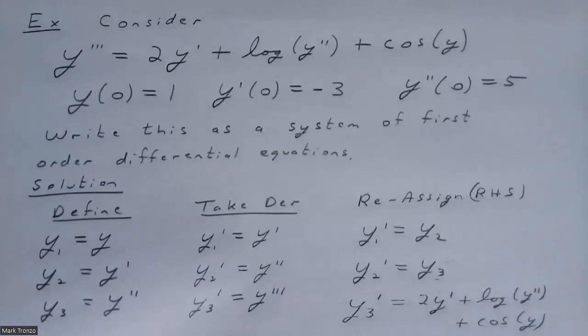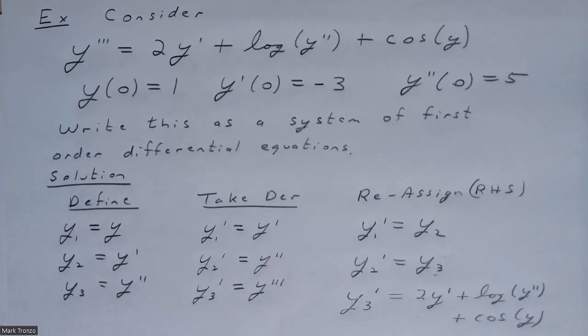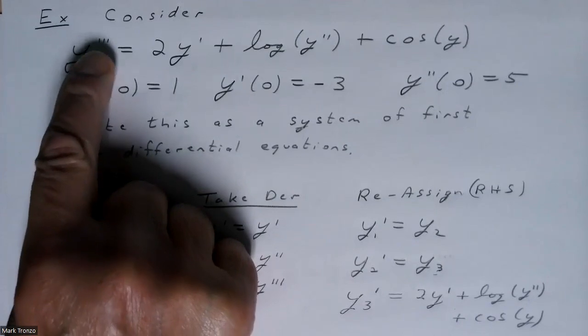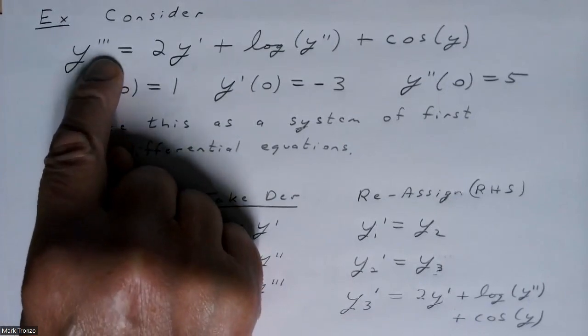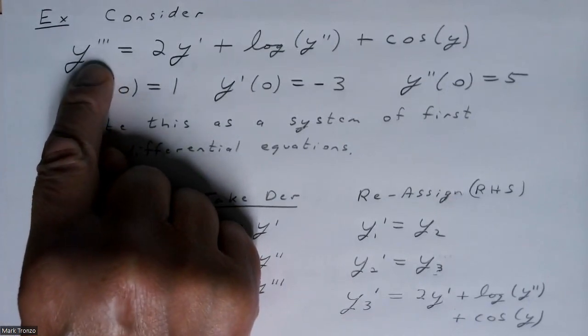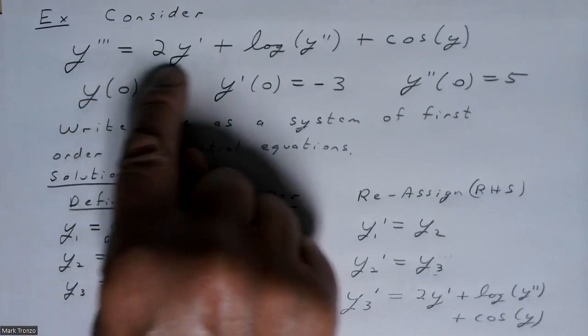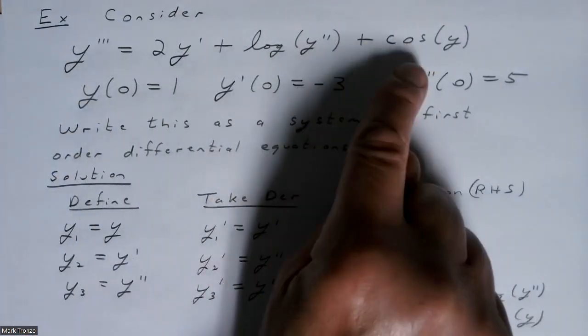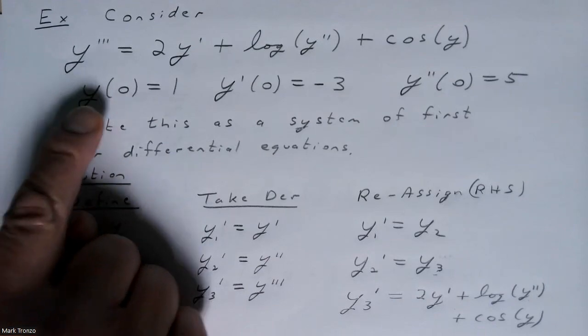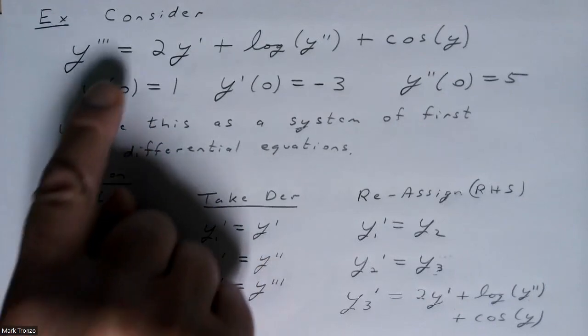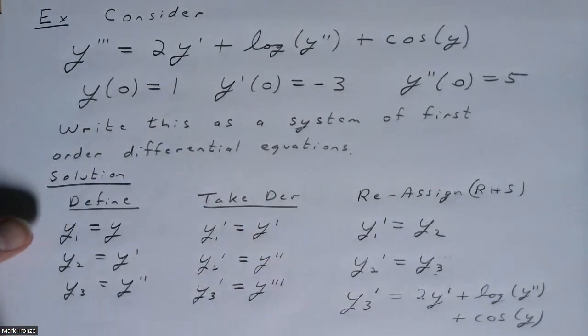So again, if you follow this method, this will work for any ordinary differential equation of higher order. The only thing is you have to solve it so that you have the highest order on the left with nothing multiplied. Solve it like this. And then go through the steps we have here.